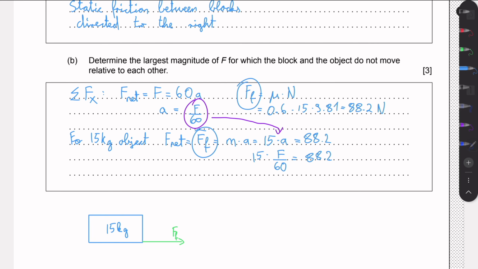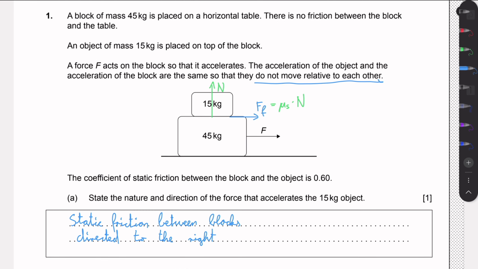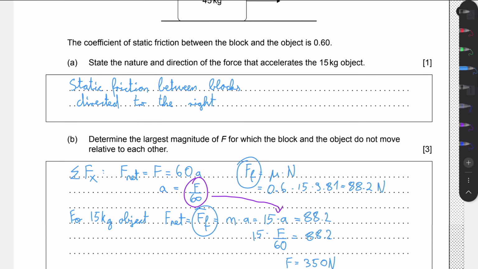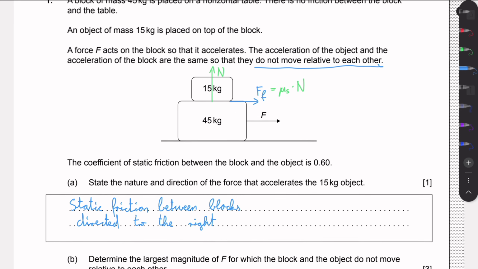If we rearrange this, we will find that F is approximately 350 newtons. So this is the maximum force that we can pull this system with. And this was the first question in this specimen paper. It was quite brief, I think only 2 questions. I hope I was able to help, and see you in the next question.